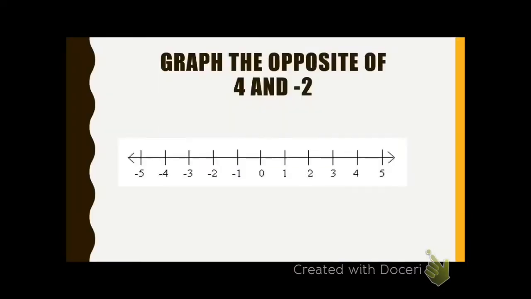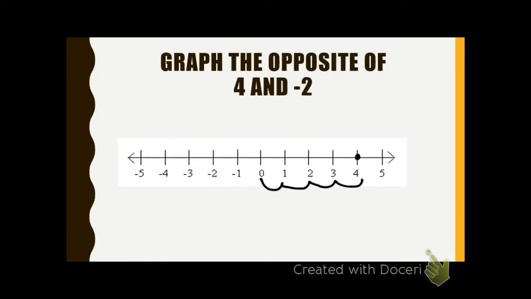Let's practice by graphing the opposite of 4. I would go to my graph first and mark the 4. That was 1, 2, 3, 4 places from 0.